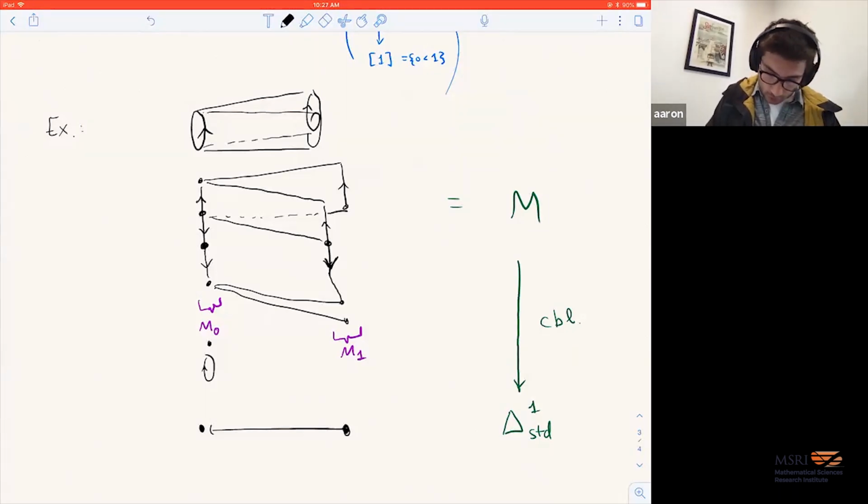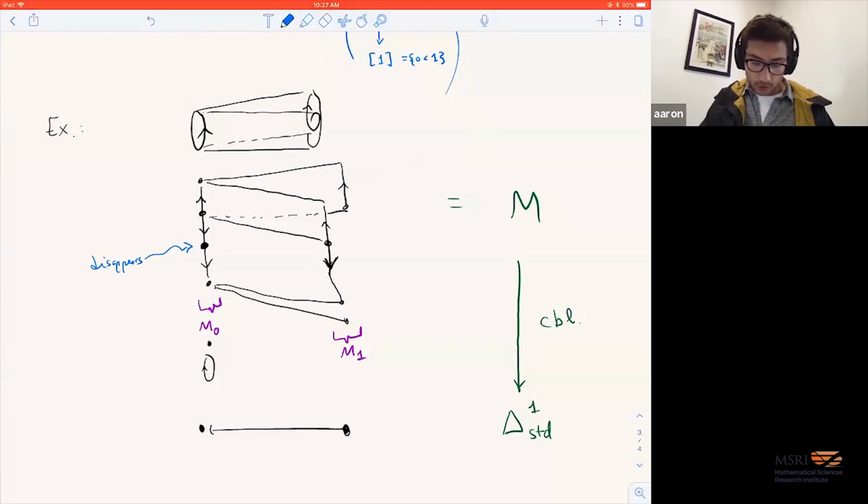So notice that this dot disappears. Notice that it is only allowed to disappear because these 2 one-dimensional strata on either side of it have framings that agree. Whereas this dot could not disappear because the framing here goes up and there goes down.